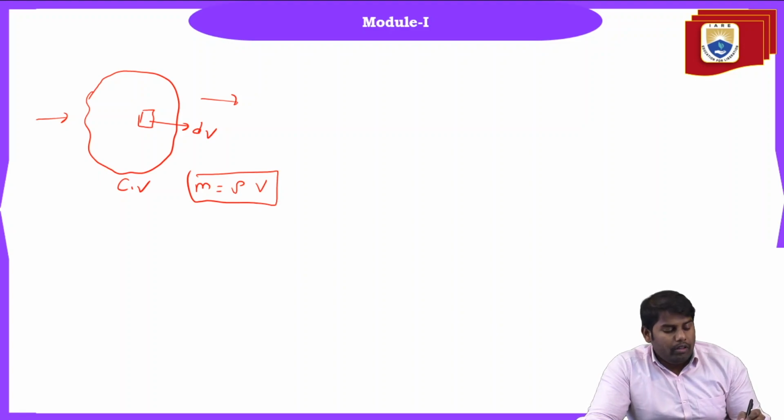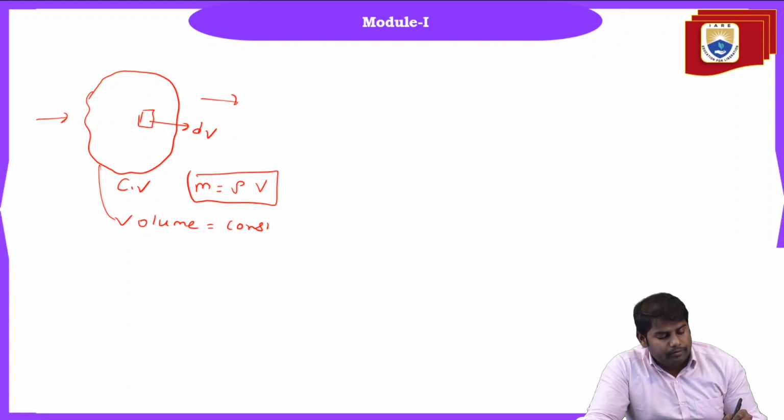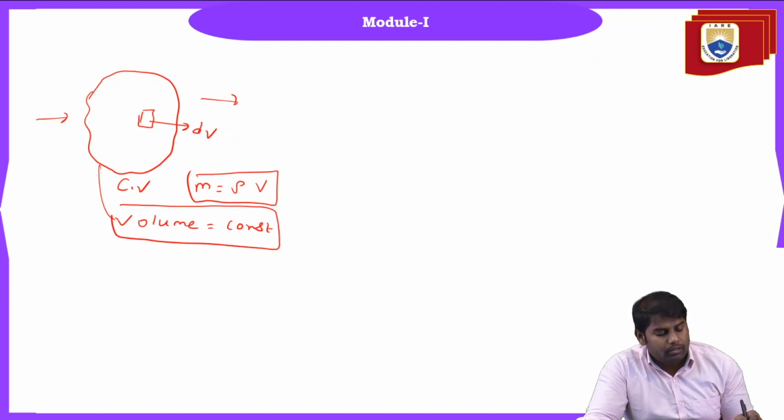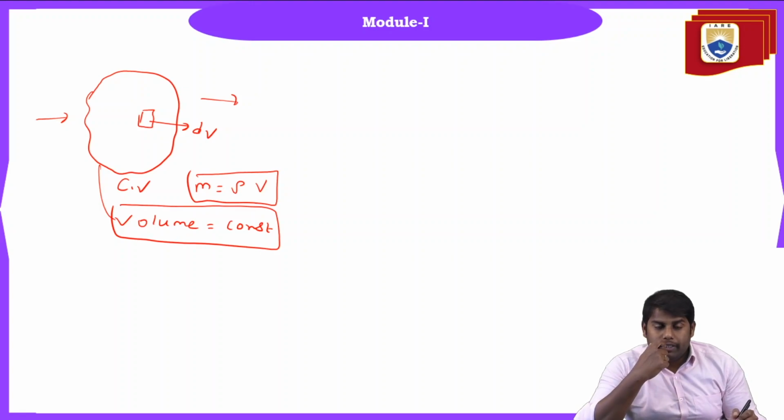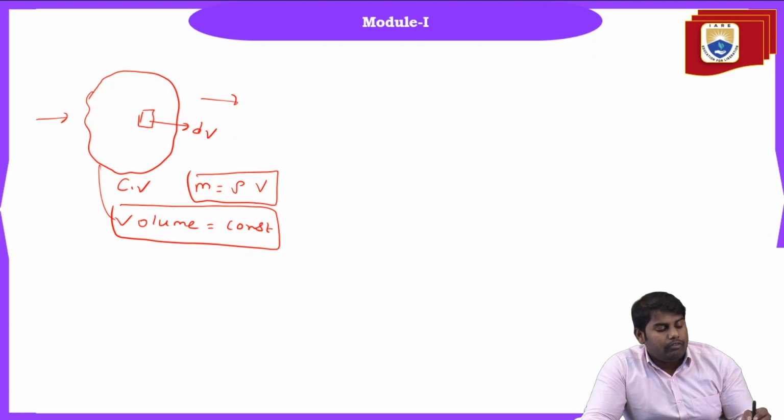Let's say the control volume is fixed in space and it is not moving. Then the volume is constant. What happens is the density changes, and therefore to keep the m dot constant, the density may change, or let's say the flow rate is affected by the change in density.